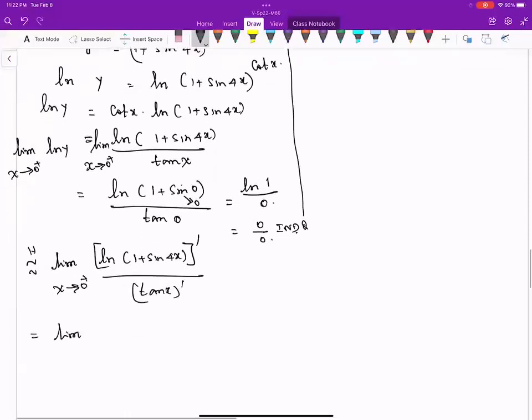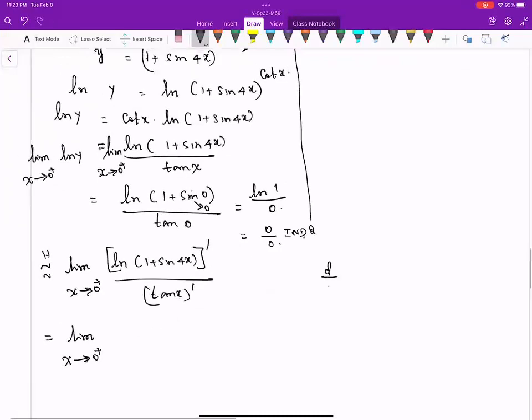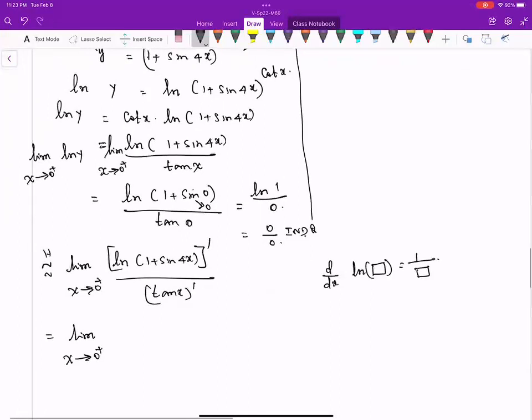Which is the limit as x approaching 0 from the right, derivative of ln of something. The derivative of ln of any function is 1 over that function times the derivative of that function. Kind of chain rule.